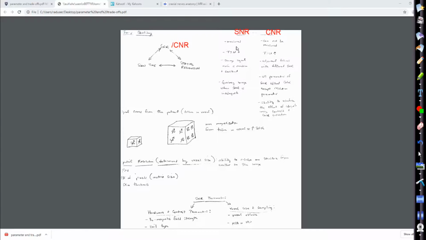Just like with X-ray, you want a lot of those photons hitting your image receptor, right? Otherwise, you wouldn't get an X-ray. We need good signals to get a good MRI image. When we're talking about T2 weighted images, our signal goes down on T2 weighted images because our TE is longer. So we have a long TE when we're dealing with T2 weighted images. So our signal goes down.